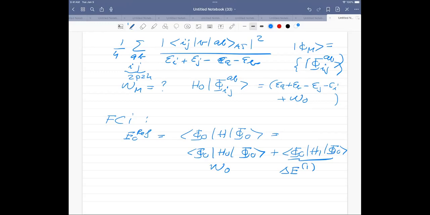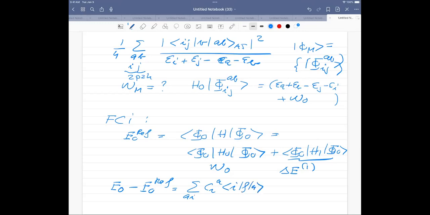So this is the FCI calculation, and then we calculated in FCI the difference from the reference energy, and we found that this is equal to one term which runs over the one-particle, one-hole contributions of i of F of a.